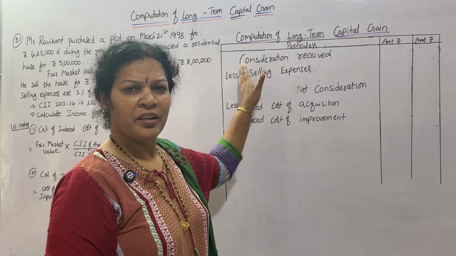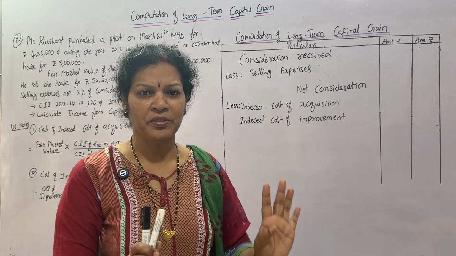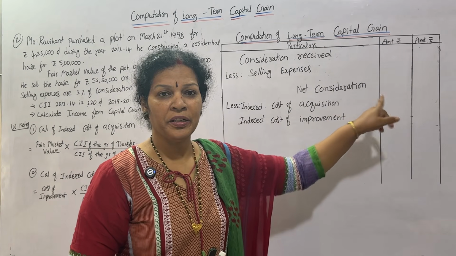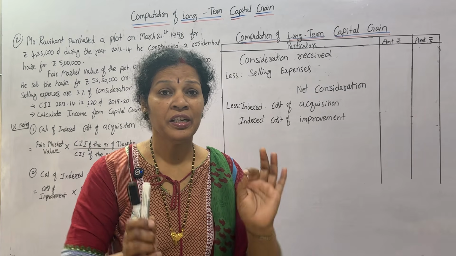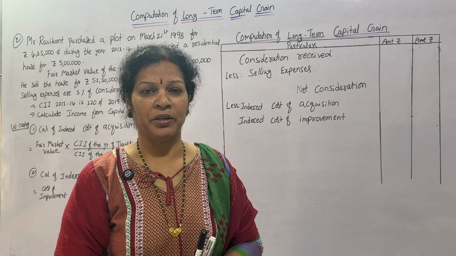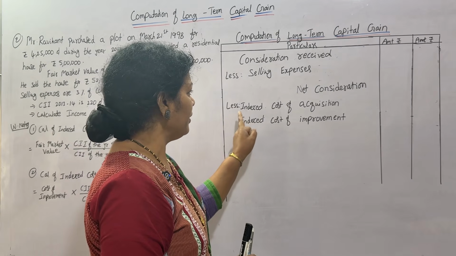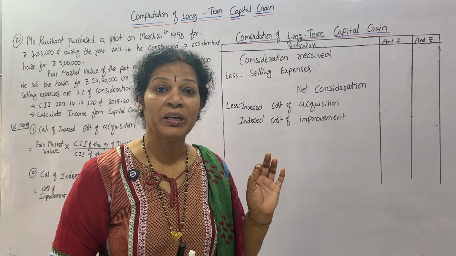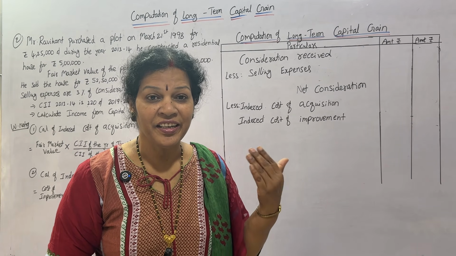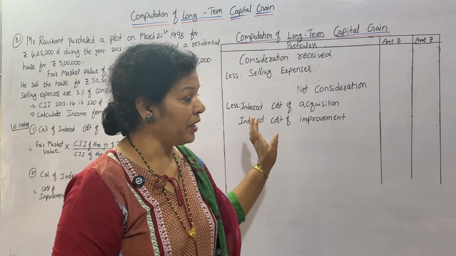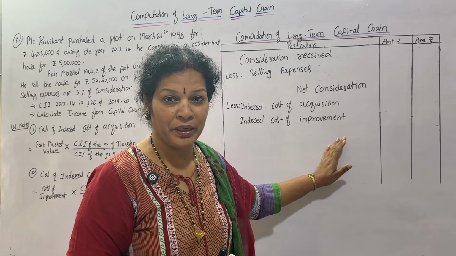The format is consideration received, less selling expenses, and if you deduct it you will get net consideration up to here, same like the short-term capital gain calculation. Only two things we are going to deduct. One is indexed cost of acquisition and indexed cost of improvement.